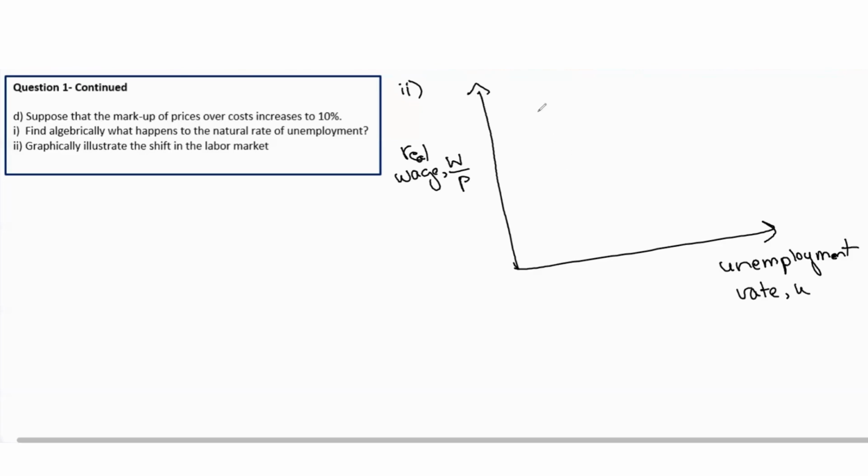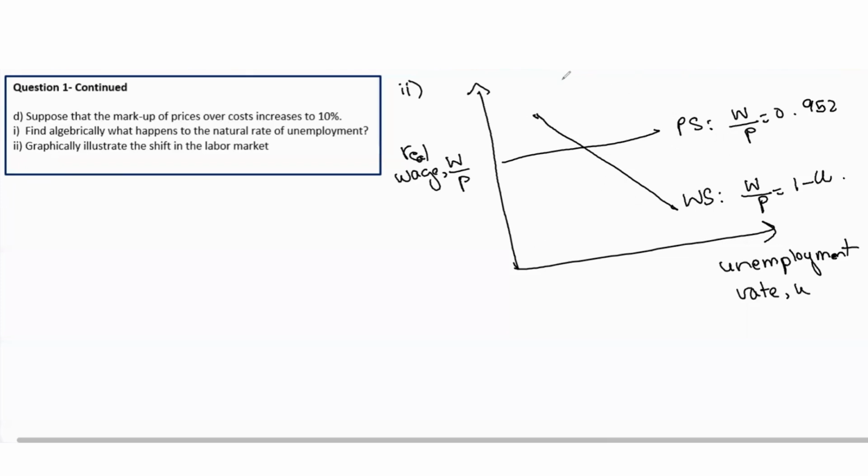So we have our downward sloping WS curve, which is given to us as W by P is equal to 1 minus U. And we have our original price setting curve, W by P equal to 0.952. This was the original equilibrium at point A, where we found in part 1 that the natural rate of unemployment was 4.76%.